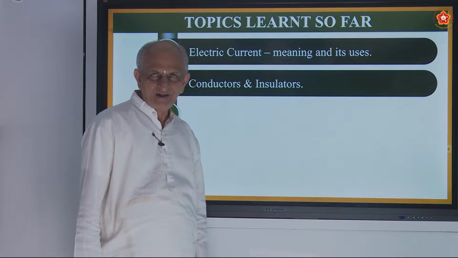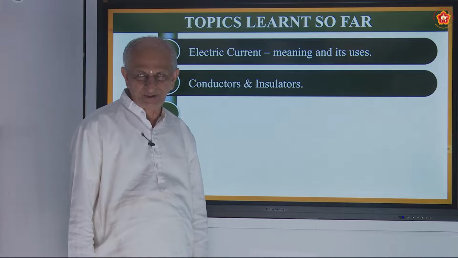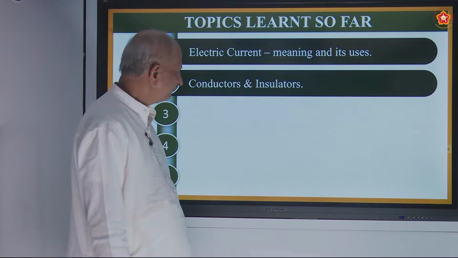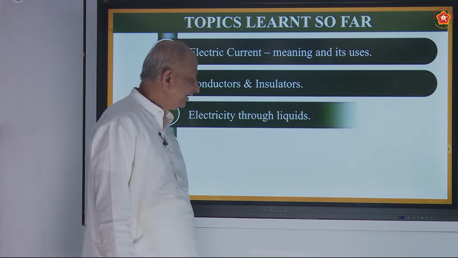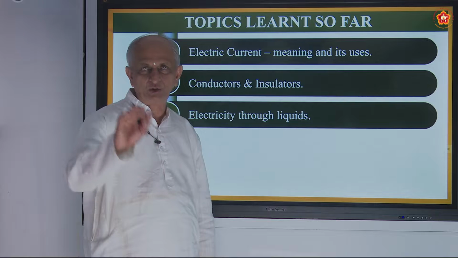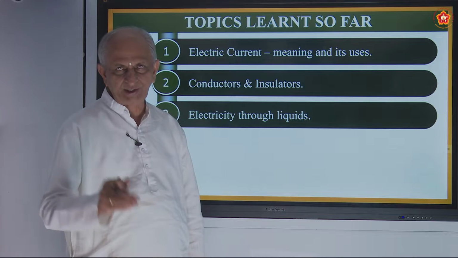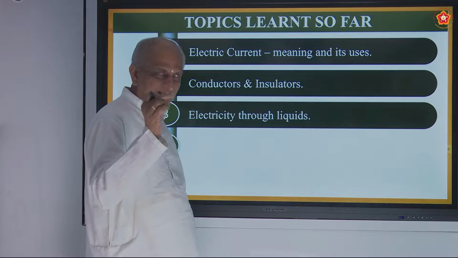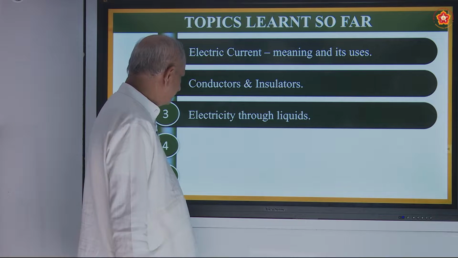Example, copper, aluminum, platinum, silver, etc. Also you have seen about insulators. The substances which do not allow the current to pass through them, like paper, rubber, plastic, wood.